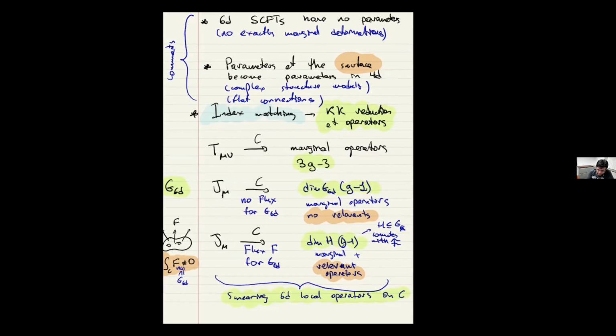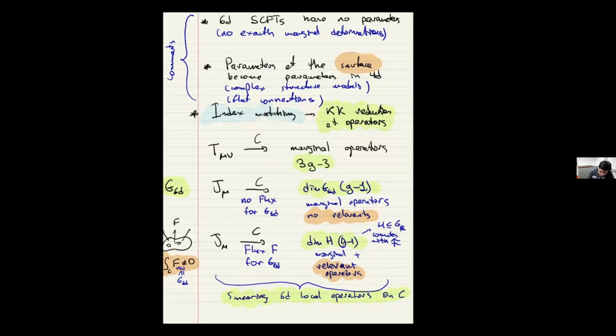You can ask, how do I know that these operators will be exactly marginal? Well, we know that these exactly marginal operators have certain quantum numbers, for example, certain R charge and so on. So the operators that we get in this procedure have the right quantum numbers to be exactly marginal. And in the case that you don't turn on flux, you don't get any relevant operators from these two very generic operators that you have in 6D.